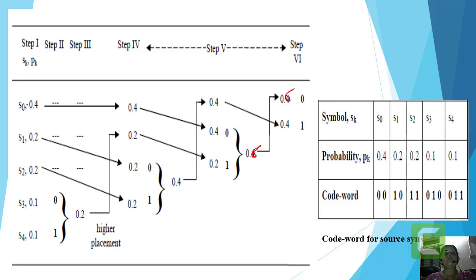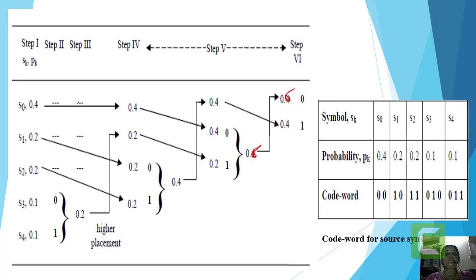The first symbol is 0.4. This 0.4 has been carried forward over here, and here the assignment is 0. Now this 0.4 is involved in the combined probability of 0.6. This 0.6 is present over here and it is assigned the value 0.